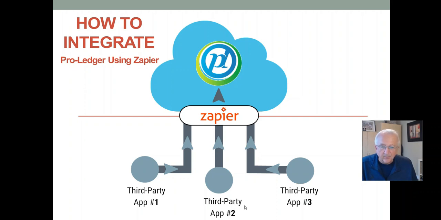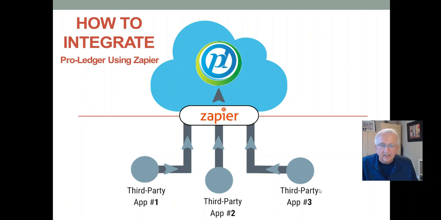Another example would be an invoicing software program you were using, like Square, which is a very popular program. When you send out an invoice and your customer pays it, or let's say it's just a receivable, you can have a Zap set up that will transfer that information as a bookkeeping entry into Pro Ledger as a sale or as a receivable.